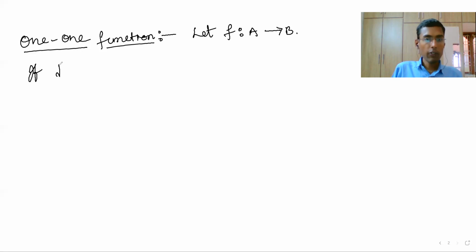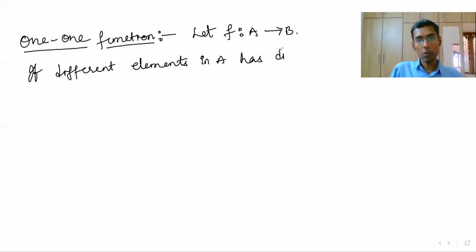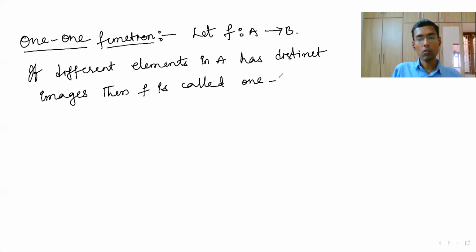If different or distinct elements in A have distinct images, then f is called 1-1.